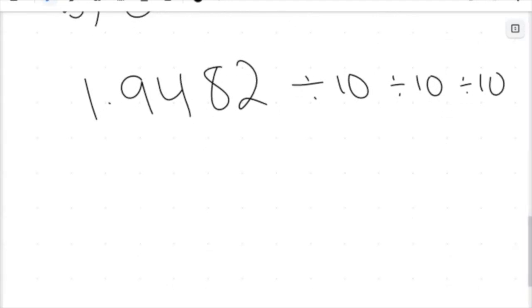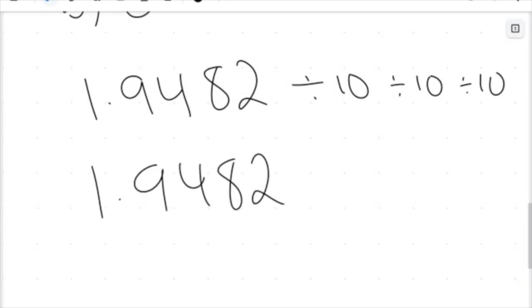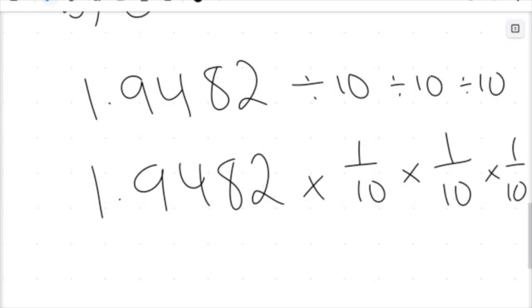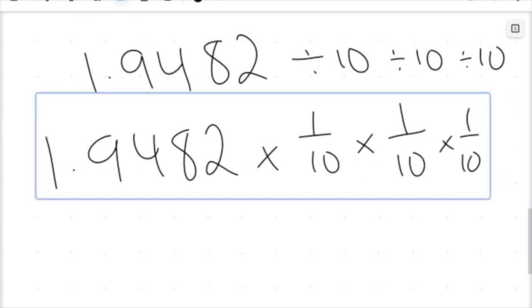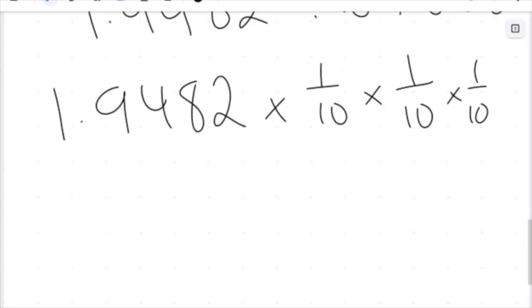So, dividing by 10, I can also write that as multiplying by its reciprocal. We've talked about this before in fractions. So dividing by 10 can be rewritten as 1 over 10 times 1 over 10 times 1 over 10. Now I'm doing this the long way just to really give you a bit of an understanding of how this works.